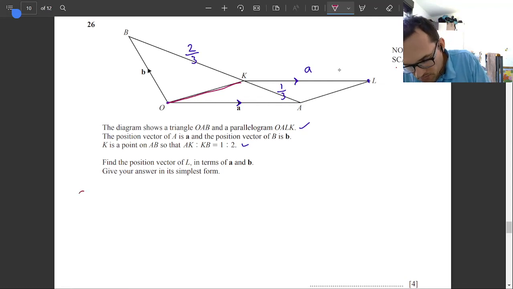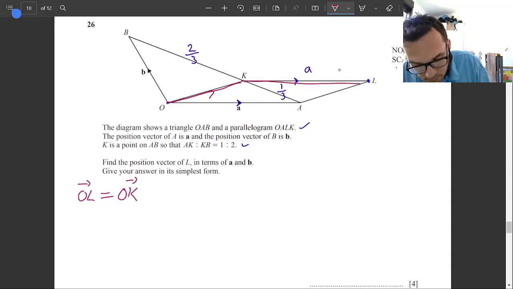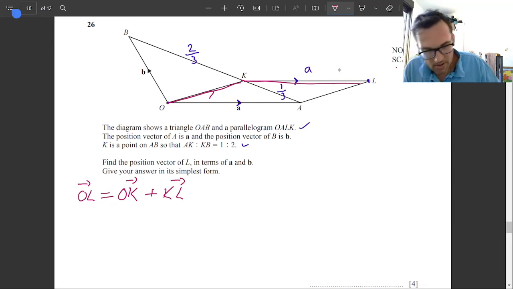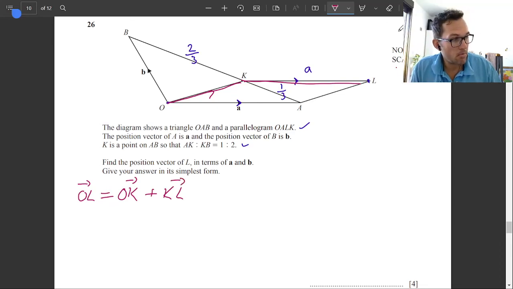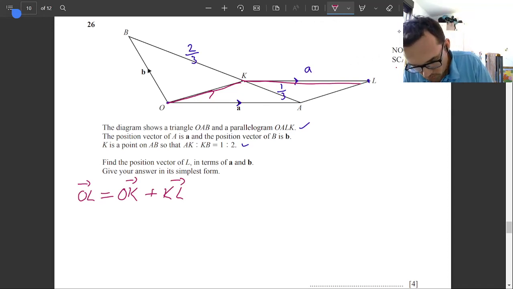Meaning position vector OL equals OK and KL. Now, great news, we already have KL. KL is A. But we don't have the rest.